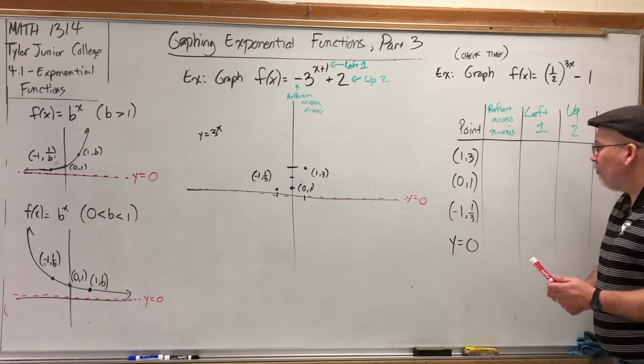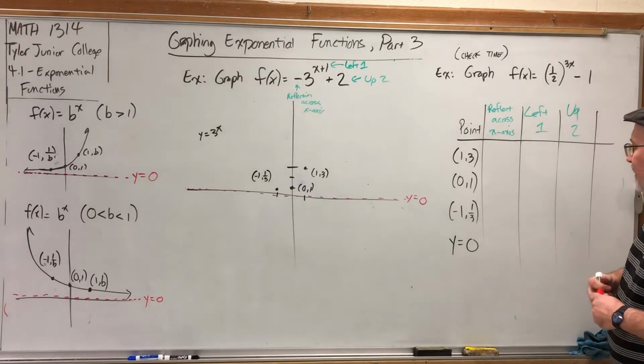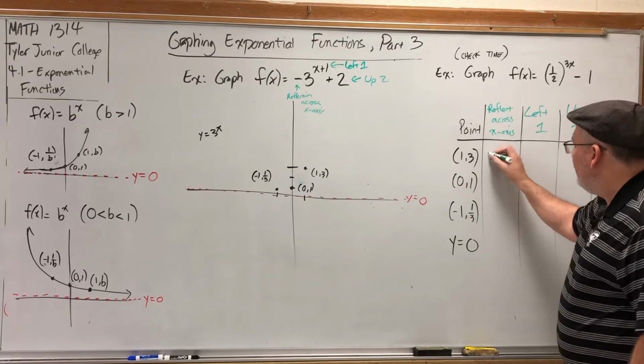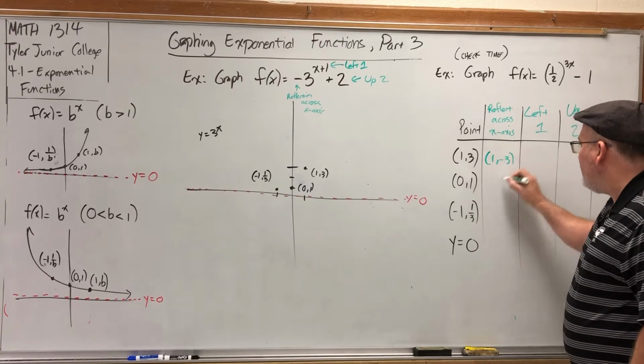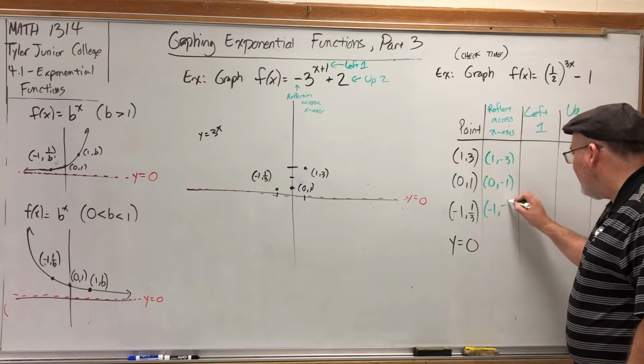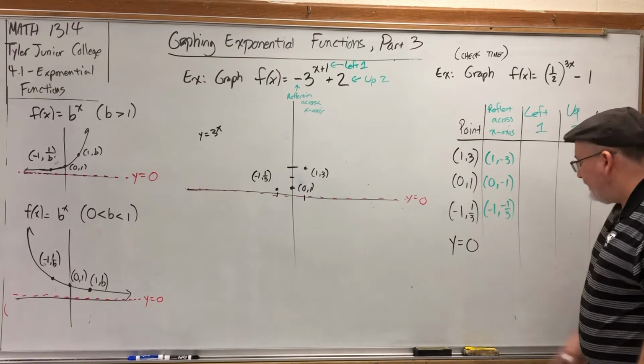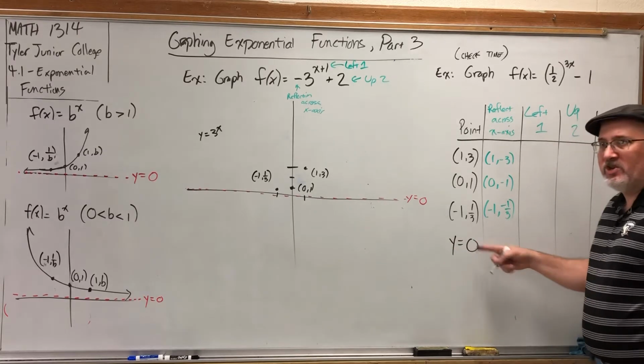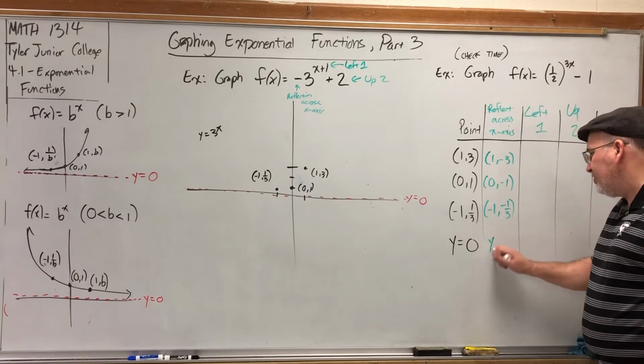So all we have to do to reflect these across the x-axis is to change the sign of the y. So 1, -3, 0, -1, -1, -1/3. And since this is a y value, we would change its sign, but changing the sign on 0 keeps it 0.